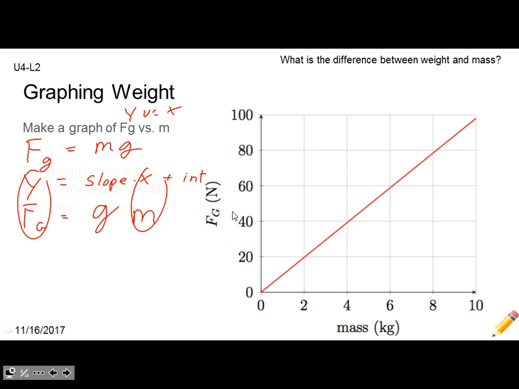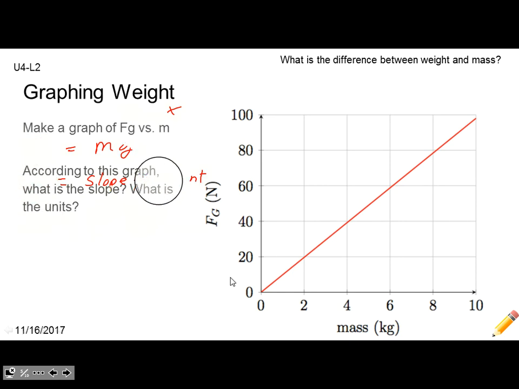What does the slope of this graph tell us? Well, we know it tells us G. According to this graph, what is the units of the slope?